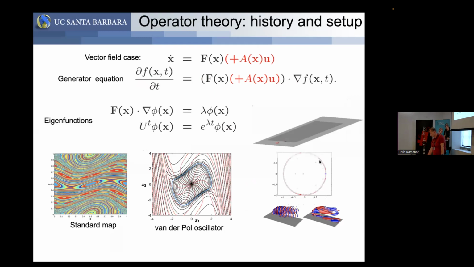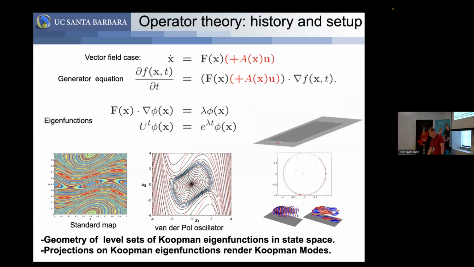And then if we project the states on the eigenfunctions, we get these modes, so spatial structures. So quite useful from both of these perspectives in the context of systems that don't have the control term to it. So the control term itself in this particular context is open loop.